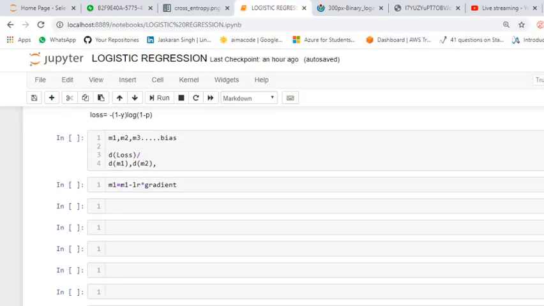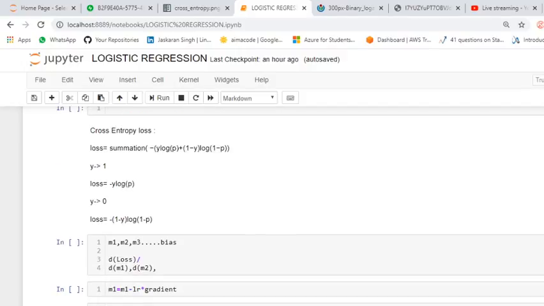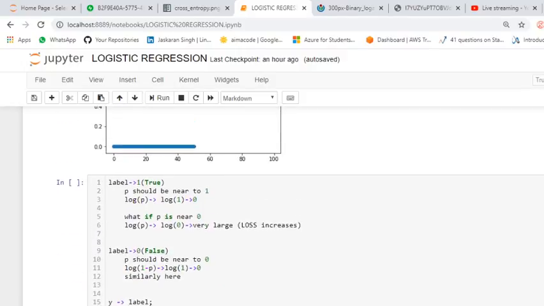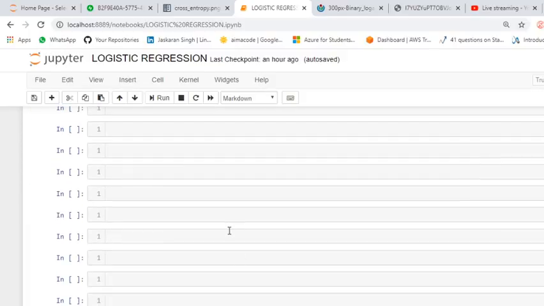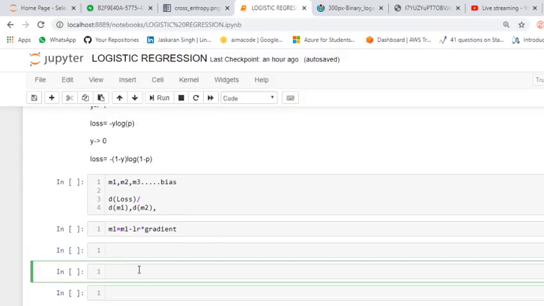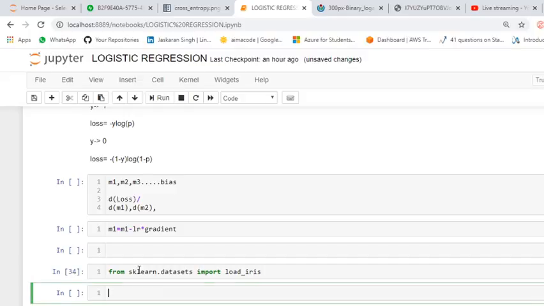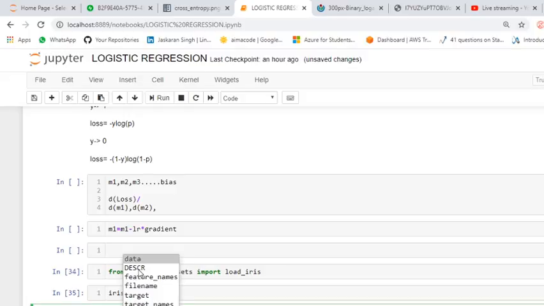Now coming to the practical part. How are we going to apply it? Let's use the iris data set. Let's read the description of it.